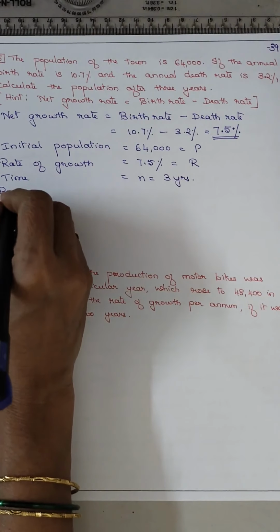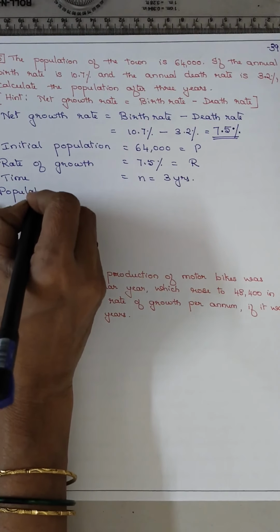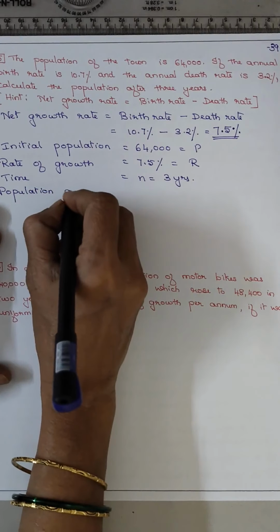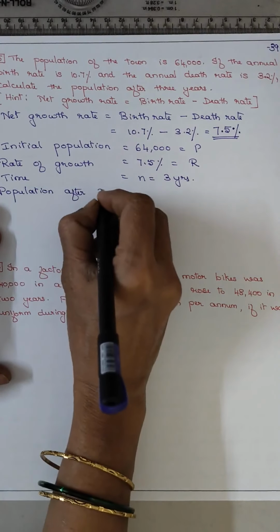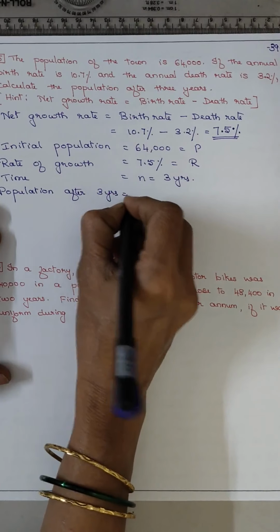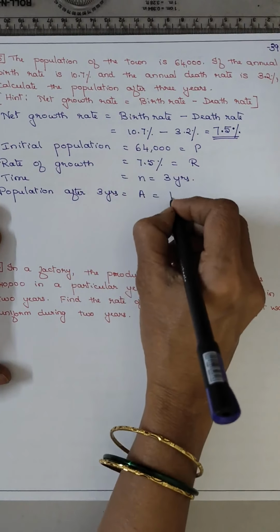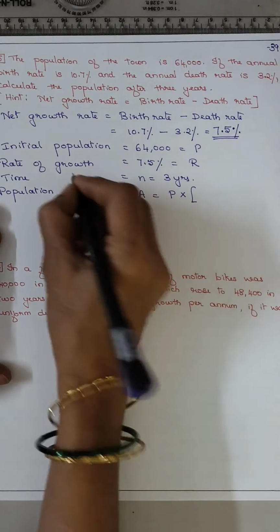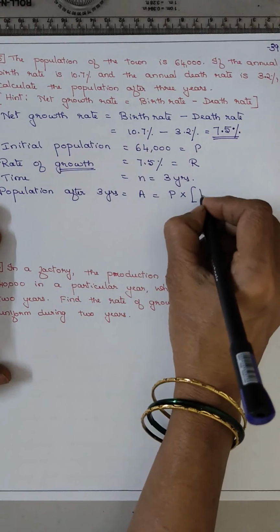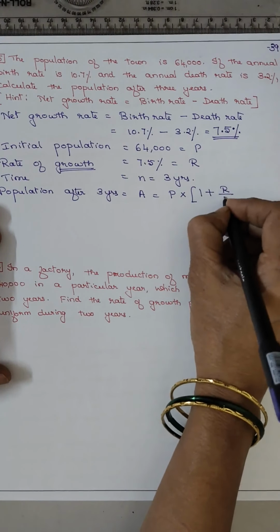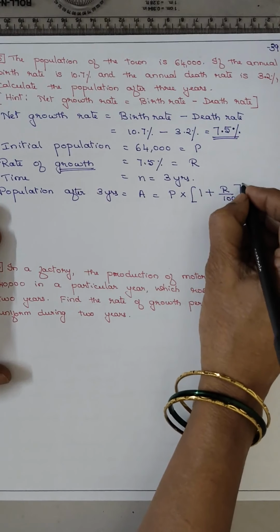So population after 3 years, that is A, is P into 1 growth, that is why 1 plus R upon 100, the whole raised to n.